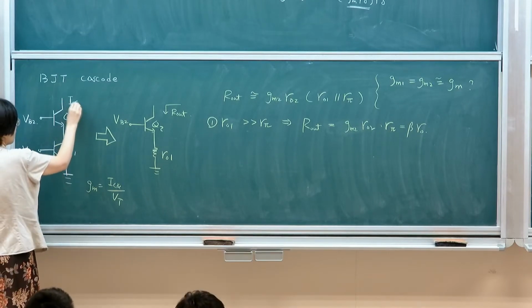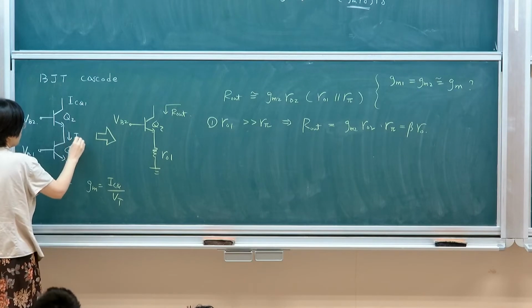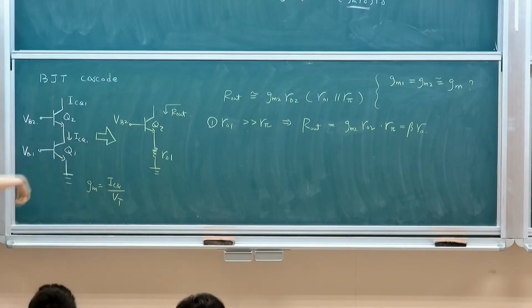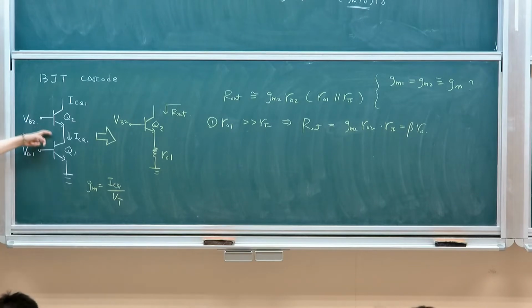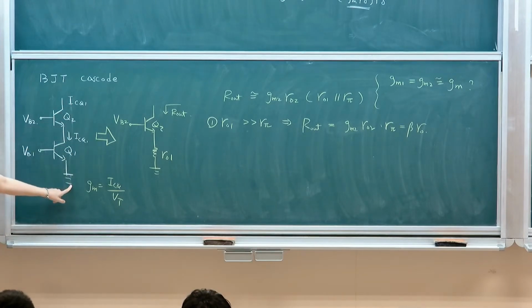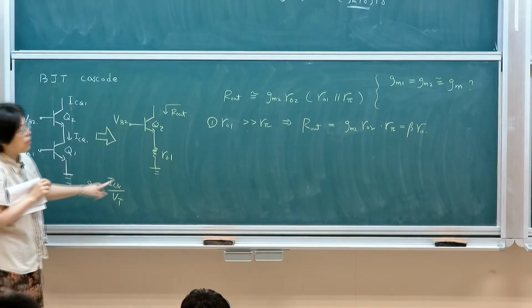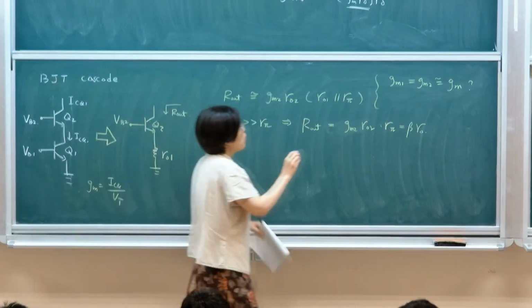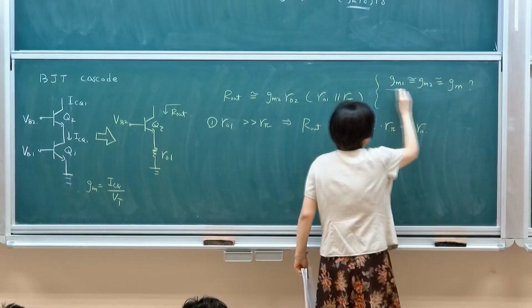But this is ICQ. So it's a single branch. There's a slight beta effect. But if you ignore the effect of beta, maybe less than 1%. So this branch, meaning that its collector current is almost the same. Because it's almost the same, so it should be almost identical in all cases.